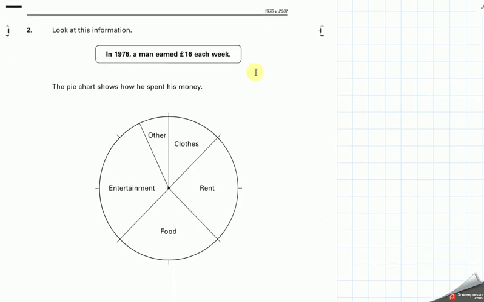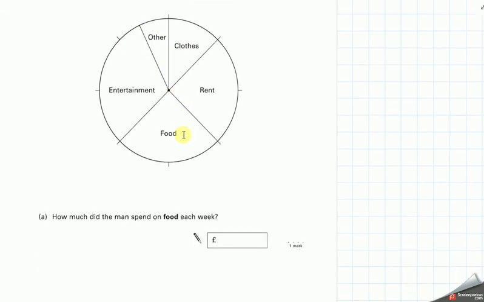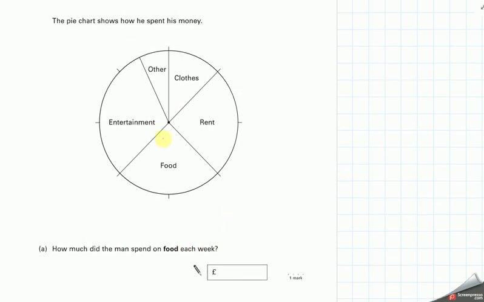Next bit, pie charts. The whole circle represents 360 degrees, everything. In this case, the whole circle represents my £16. So the pie chart shows how he separated his section out. So how much did the man spend on food each week? Well, if you actually were to measure the angle at the centre, this is made up of 2 sections. There are 8 sections in all. So each of these sections are 45 degrees.